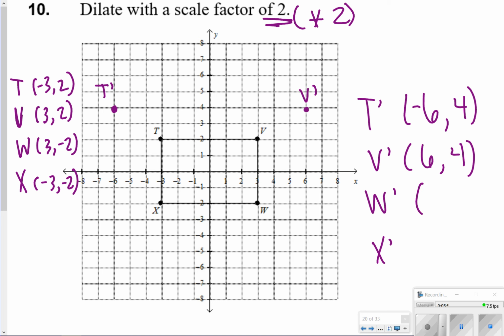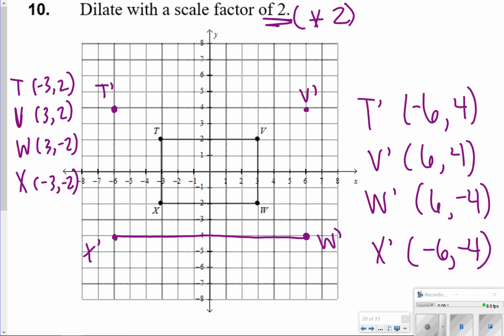W prime will be 6, -4. And X prime will be -6, -4. Connect your dots all together, and you will have a larger rectangle exactly 2 times the size of your original rectangle. Okay, so once again, it's easier to start with your original points and then multiply them from there.